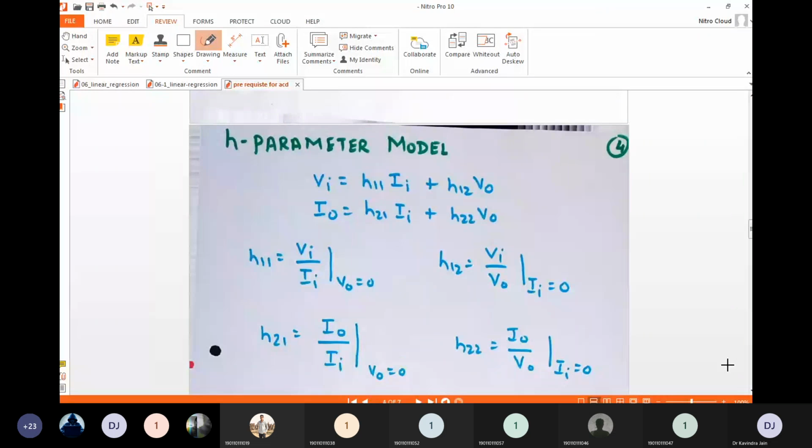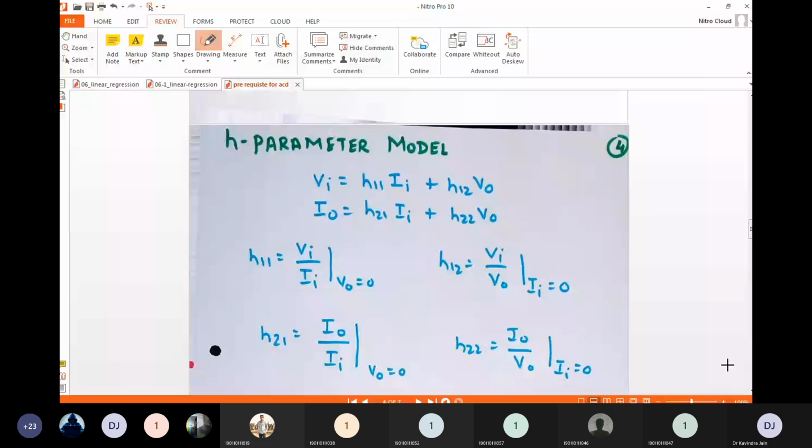So we are having H11 as Vi upon Ii. Basically, in the equations we write, V2 is nothing but V naught, and in a similar way, Vi is nothing but V1.